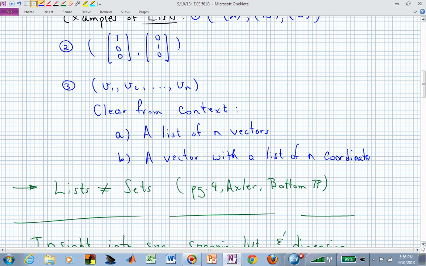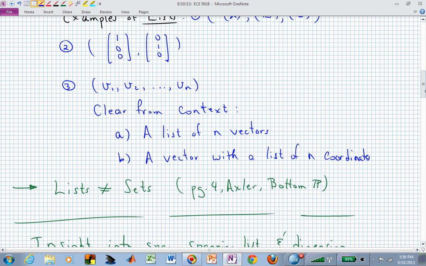Or I might have this list v1, v2, v sub n, where the different v's are actually maybe just elements of a scalar field, and in that case this is representing a vector with a list of n coordinates in that particular list.